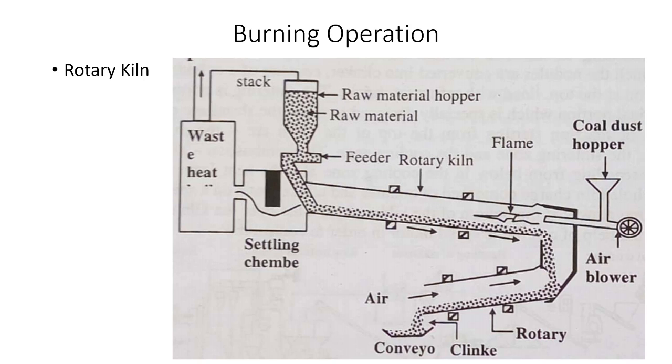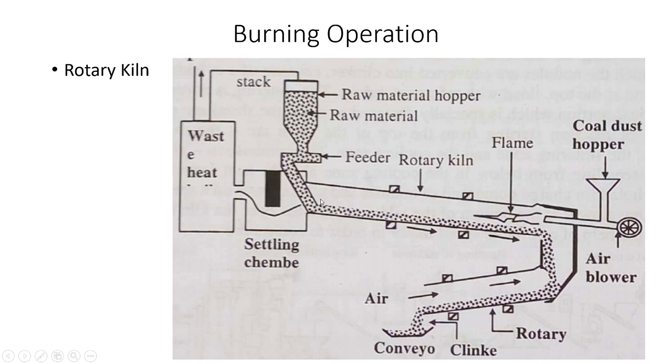Heat from the gases coming out from the upper end of the kiln is recovered by passing the gases through a waste heat boiler, or the heat is used to heat other gas or to preheat the raw material. Means these gases here are very hot.